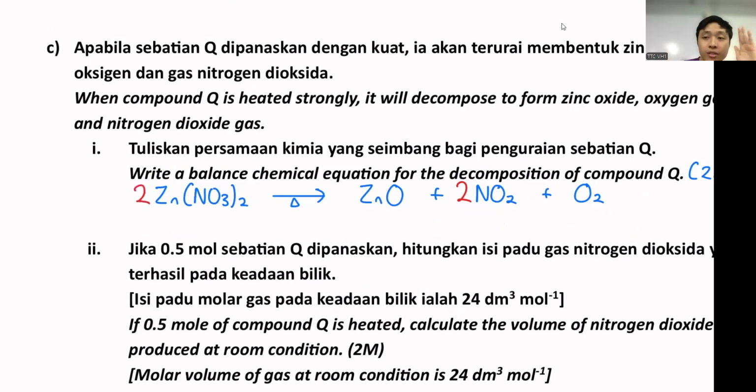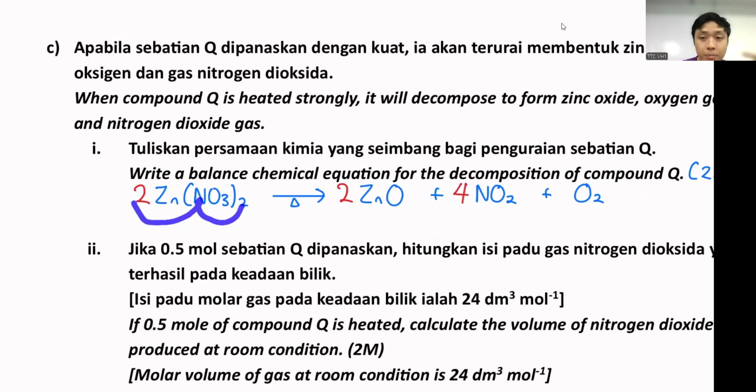Then now you can see that your zinc also got 2 at the left, so your zinc oxide has to multiply by 2. Now, see carefully how many N are at the left. 2 times 2, 4. So it means the N here should be 4.